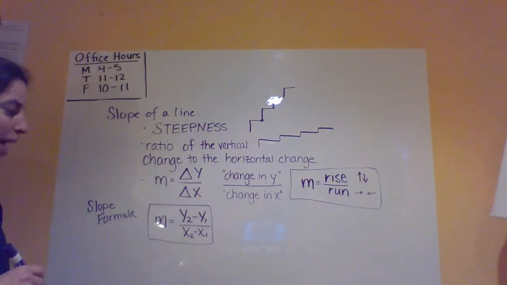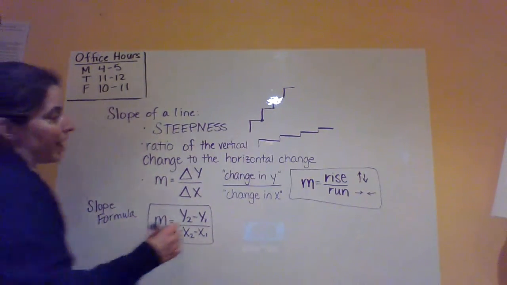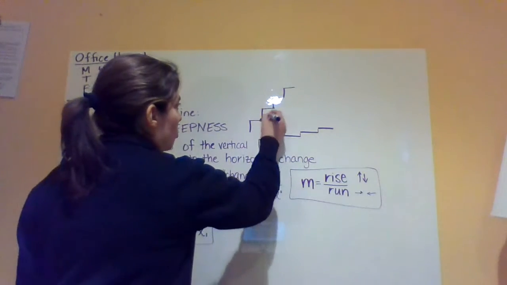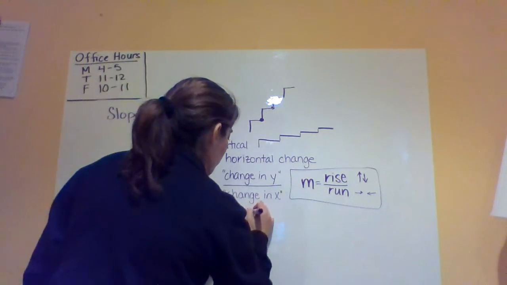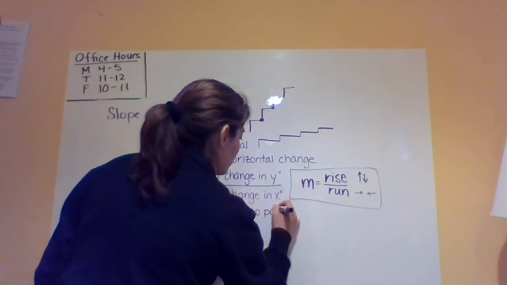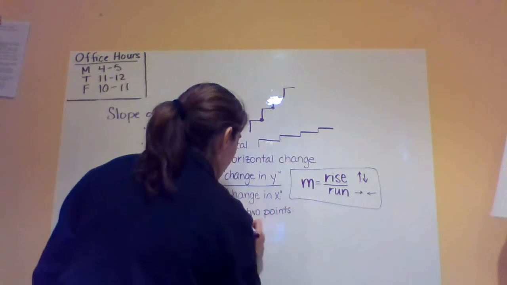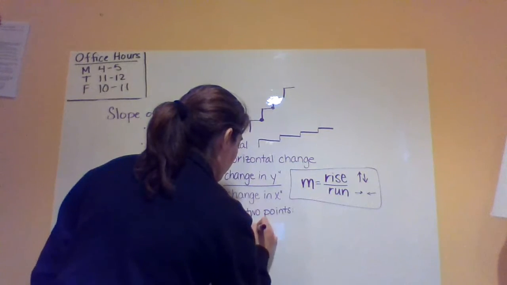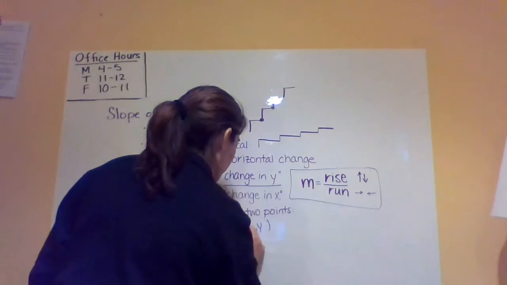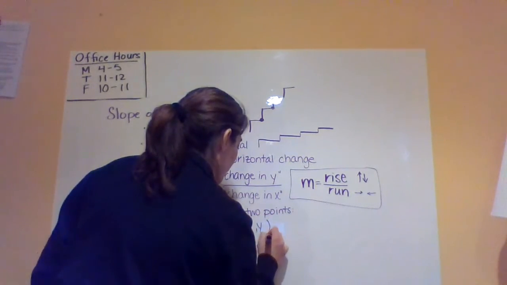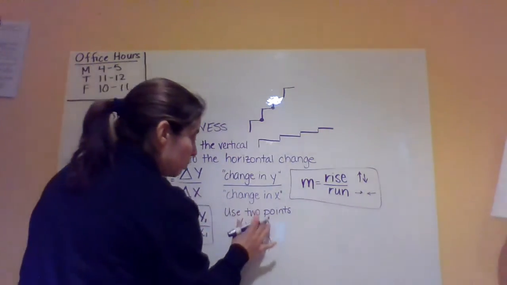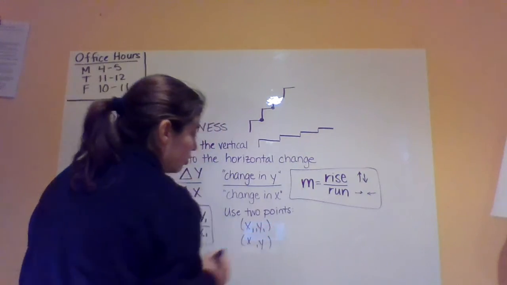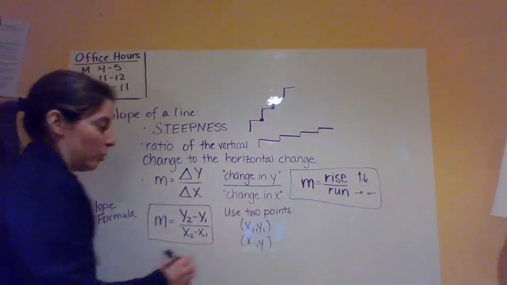Okay, well, what are these x's and y's? Remember we said the slope tells us how to move from one point to another point. So to do this, we will use 2 points. And we know that our points are ordered pairs, x, y. But just to make it a little easier to label them, this point I'm calling point 1, so I'm going to call those parts x1 and y1.